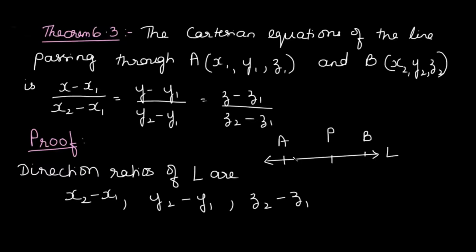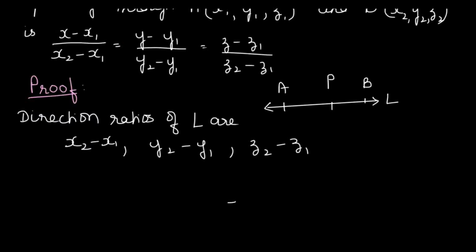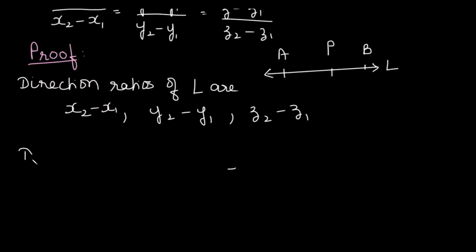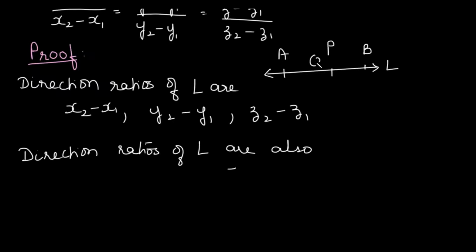Also, we can say that A and P are also points on the line, isn't it? So the direction ratios of L are also, in this case, with respect to A and P. Remember, P has the coordinates x, y, z.